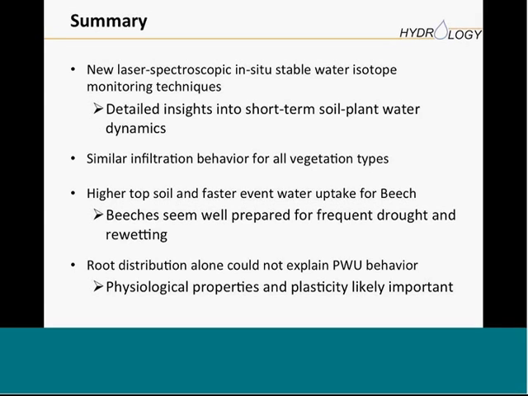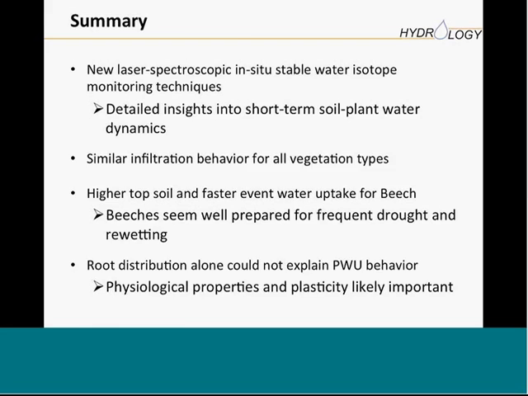So the beeches in this respect seem well prepared for frequent drought and re-wetting. And as I showed you at the end, the root distribution alone cannot explain the plant water uptake behavior. So there are probably more physiological properties, or the plasticity, very important for that.